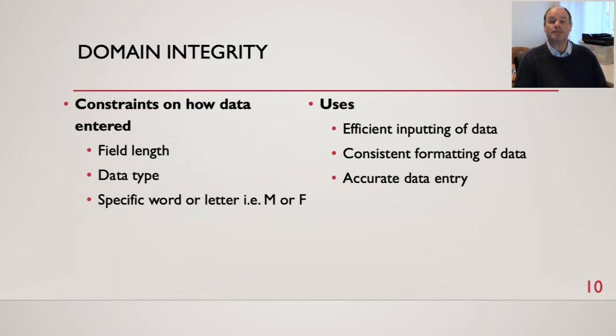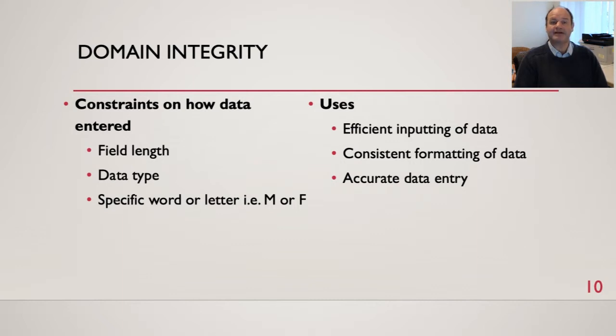Such constraints could be the field length of data allowed, or data type used, or what specific word or letter can be used. For example, within a gender field, the domain rule could be that only M or F, not male or female, can be entered. By having domain integrity, it gives the database a high level of organization and validity within the database structure.